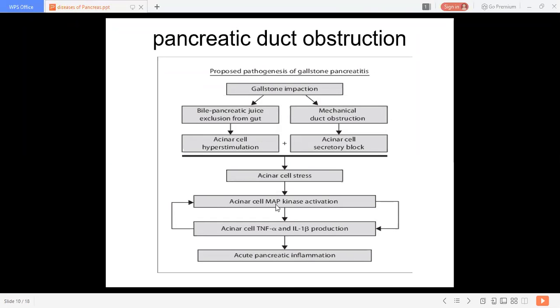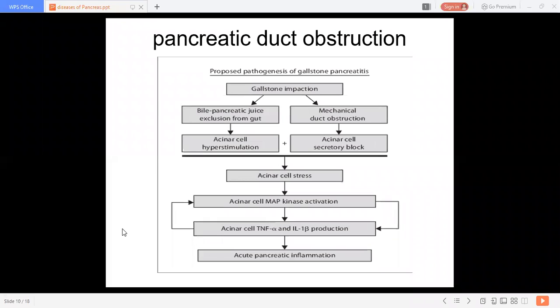They initiate local inflammation and interstitial edema, and later on this causes ischemic injury. This edema reduces the blood flow, causing vascular insufficiency and ischemic injury to the acinar cells. So this is one way in which pancreatic cells get activated.